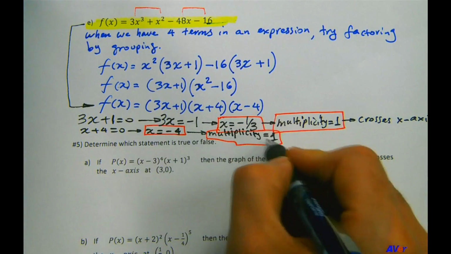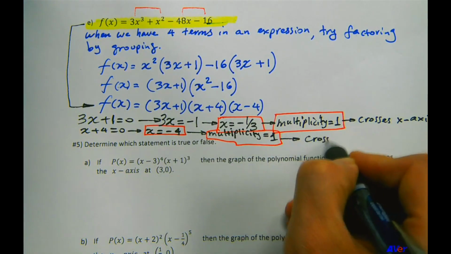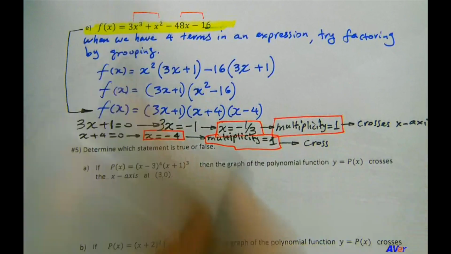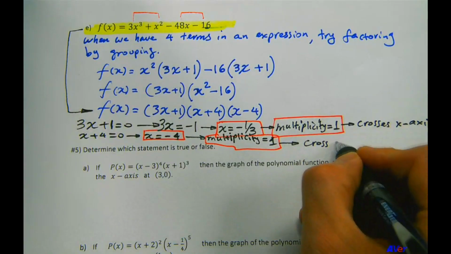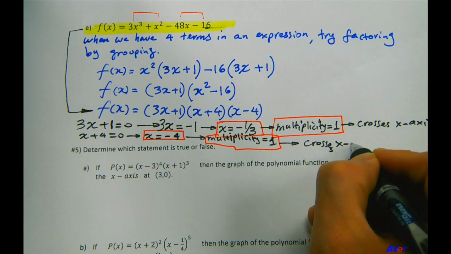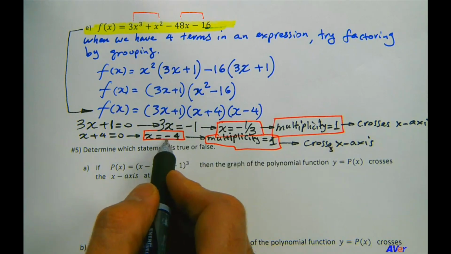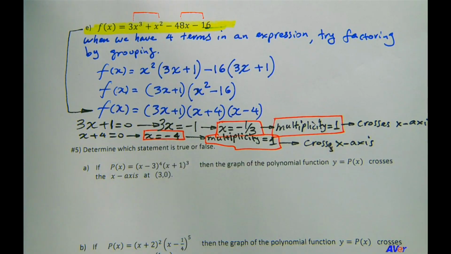And therefore, because 1 is odd, once again, the graph of that polynomial will cross the x-axis at (-4, 0), which is the x-intercept.